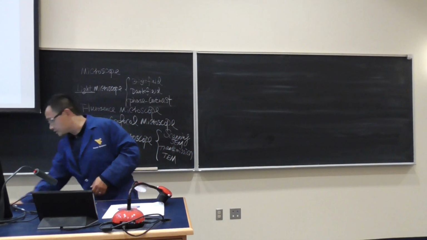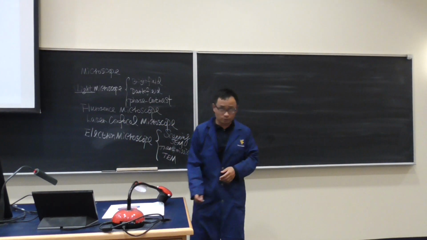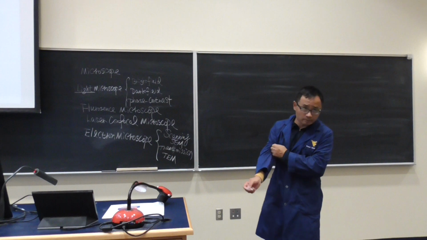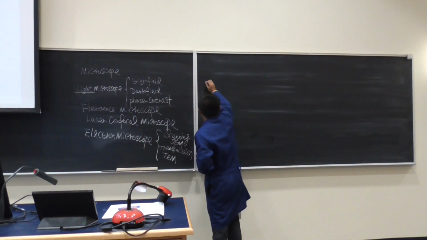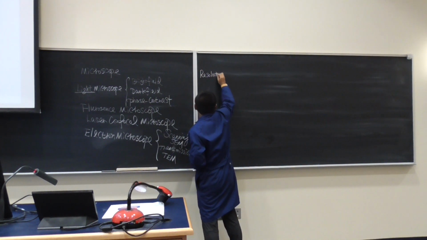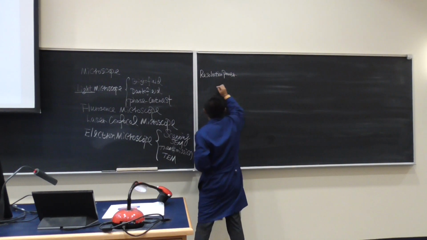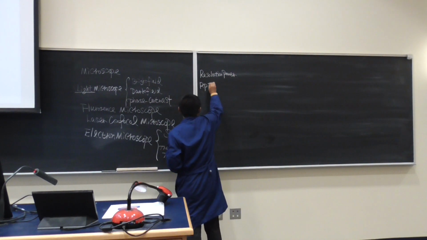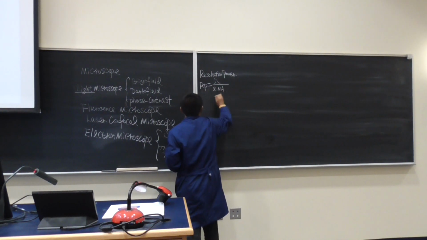Now, first things first, microorganisms are too small to see, so we need to use a microscope. Therefore, we come to the first concept we already mentioned in the lab, which is called resolution power. And we know in the lab, the resolution power could be calculated as lambda divided by 2 multiplied by NA.